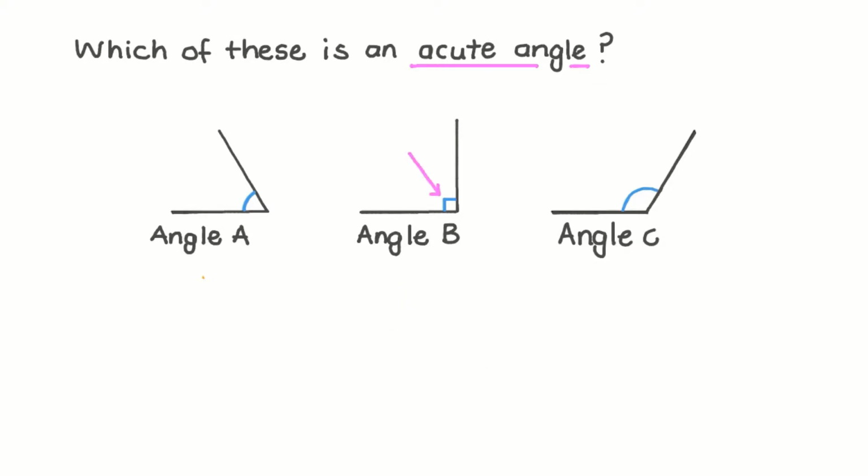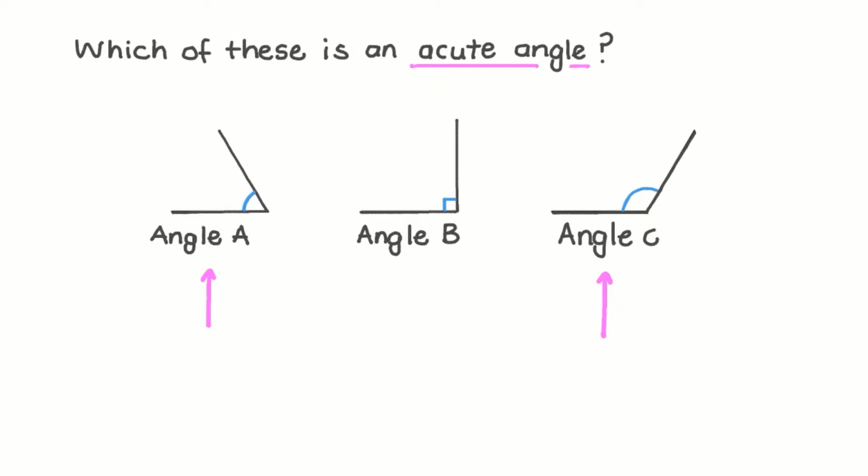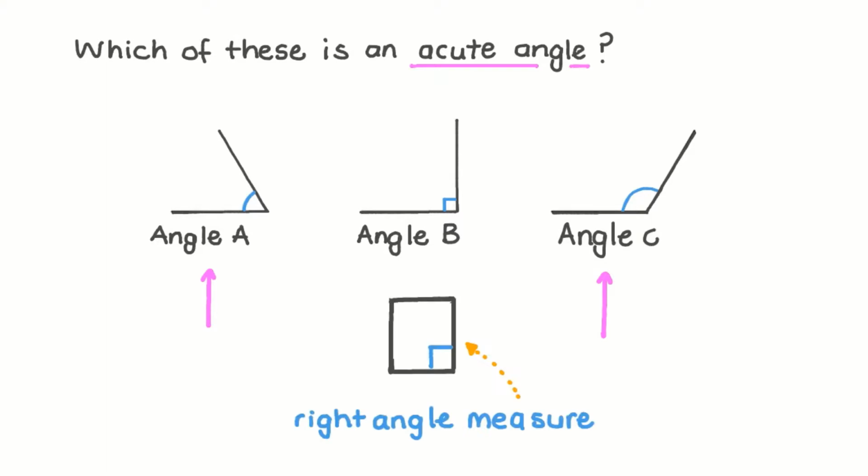This is the symbol we use to show a right angle. We need to use our knowledge of angles to help answer this question. We know that an acute angle is less than a right angle. Does angle A or angle C measure less than a right angle? We could use a right angle measure to help.